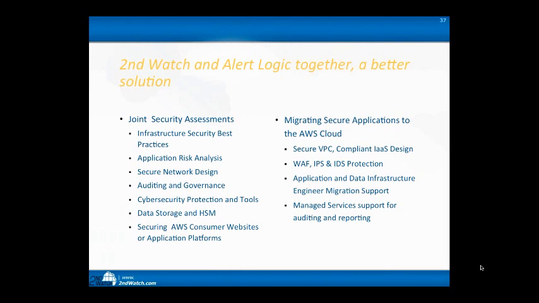And then quite a bit of work securing AWS customer websites. We have an extensive number of customers with websites that are running on AWS, and so we've worked extensively on securing those as well. And then from an infrastructure perspective, we use secure VPC as, again, best practice in infrastructure design, application firewall, and other detection and protection tools that we use from AlertLogic.